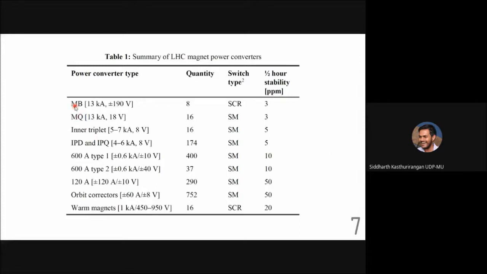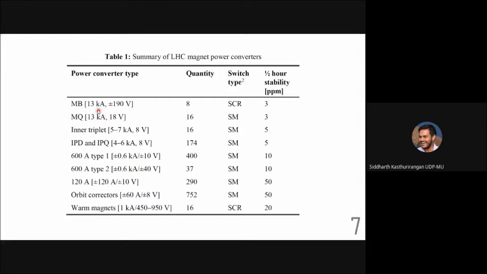So MB means magnetic bending, MQ is magnetic quadrupole, triplet means quadrupole triplet. Then there are various other types of magnets which have been listed here.